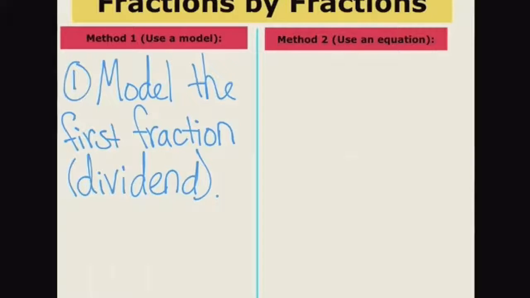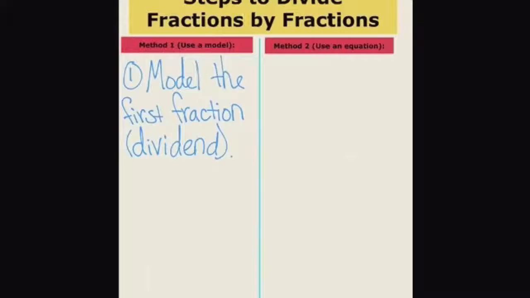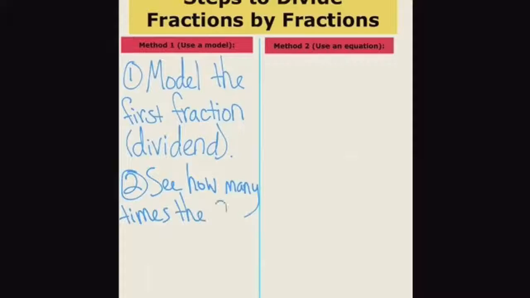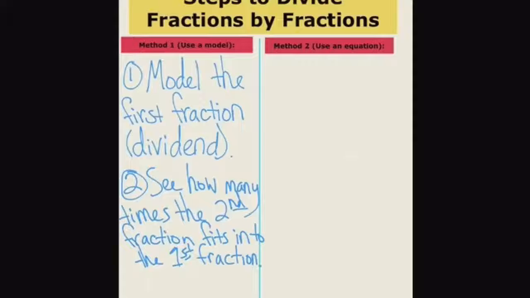Once we've modeled that first fraction, the next thing we have to do is see how many times the second fraction fits into the first. And that will make more sense once we start doing it. So how many times the second fraction, which remember is the divisor, fits into the first fraction. And however many times it fits is our quotient. It's as simple as that.